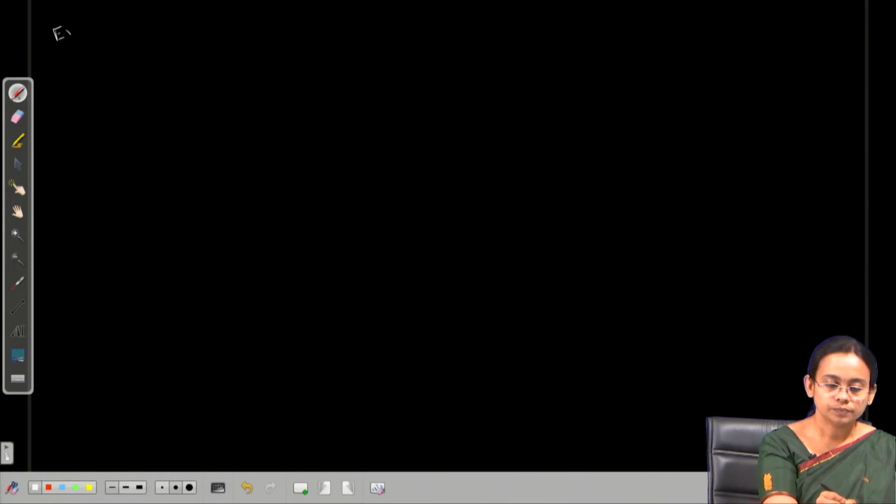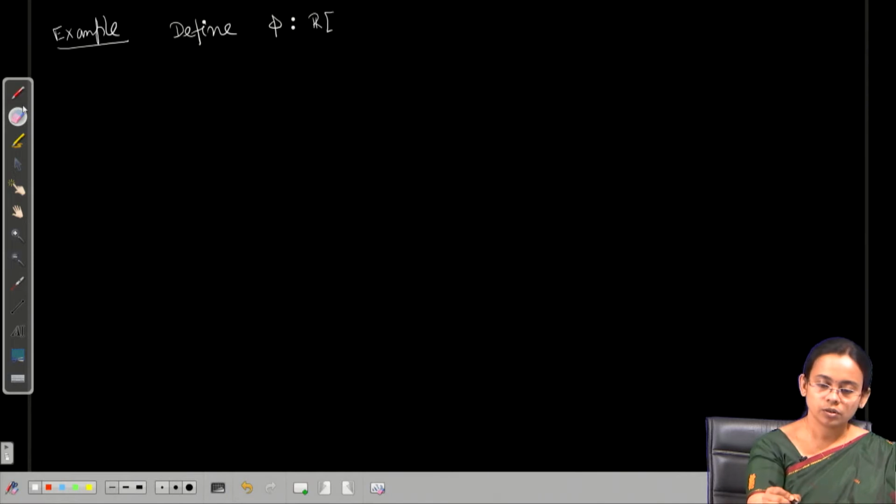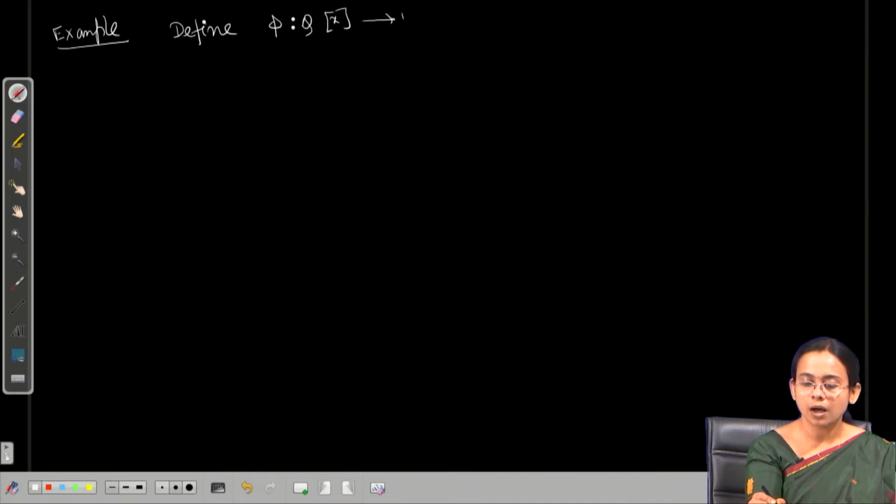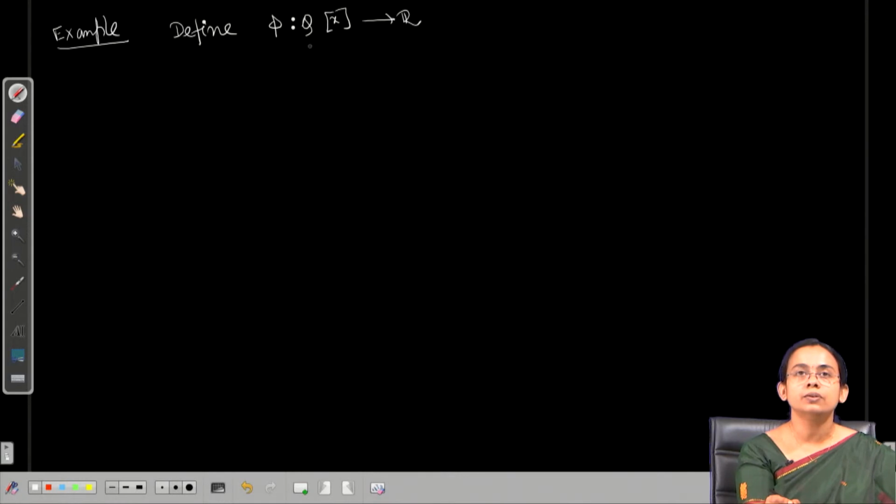Let me start with this example. Suppose I have this map phi from the polynomial ring Q[x] to R. Q[x] is nothing but the polynomial ring with coefficients from the rational numbers.